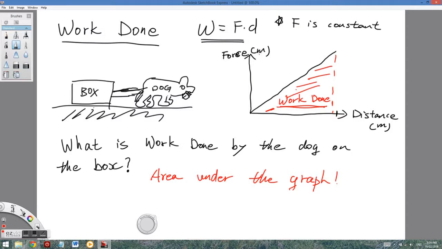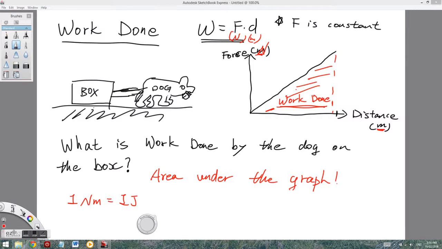The unit of a force distance graph will be Newtons times meters. Sorry, I made a mistake. A Newton meter, 1 Newton meter, is basically 1 joule of energy. So the idea is, let's talk about area under the graph.